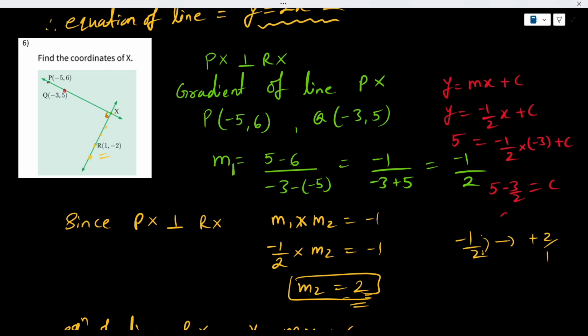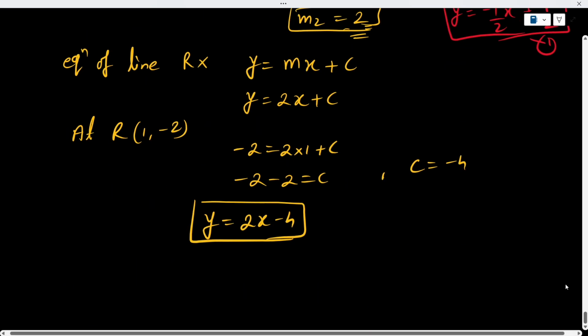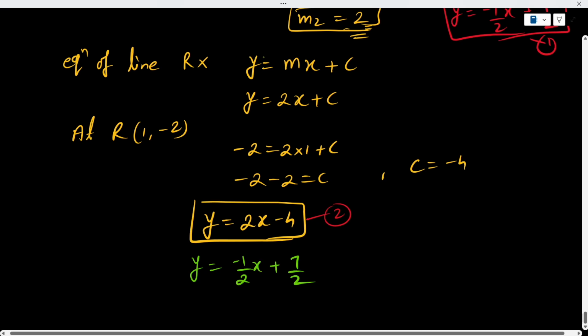So c is going to be 5 twos are 10, minus 3, which is 7/2. So the other equation is y equals -1/2 x plus 7/2. This is the equation of line 1. If I write it downside, this is your equation 2, the line 2 equation. What was your line 1 equation? y equals -1/2 x plus 7/2, from 1.